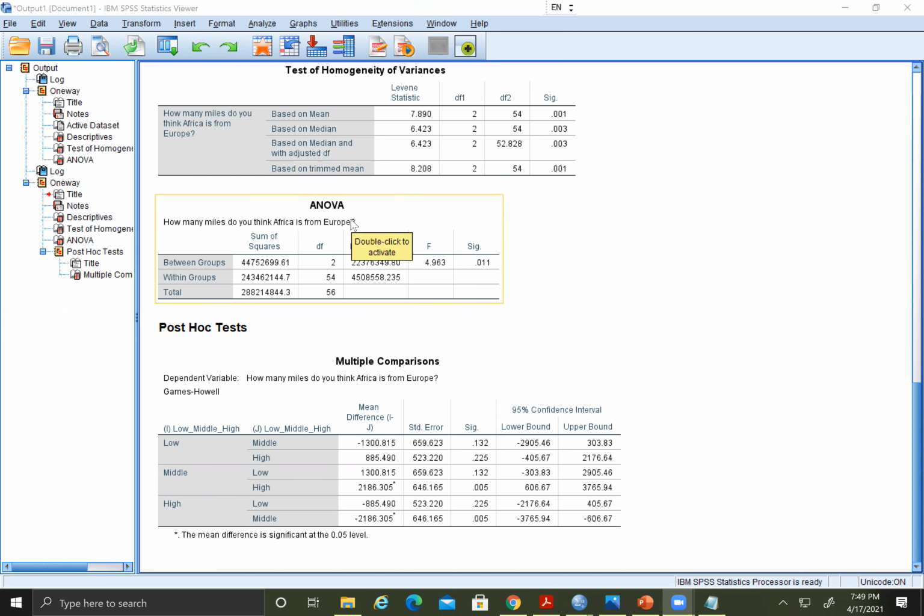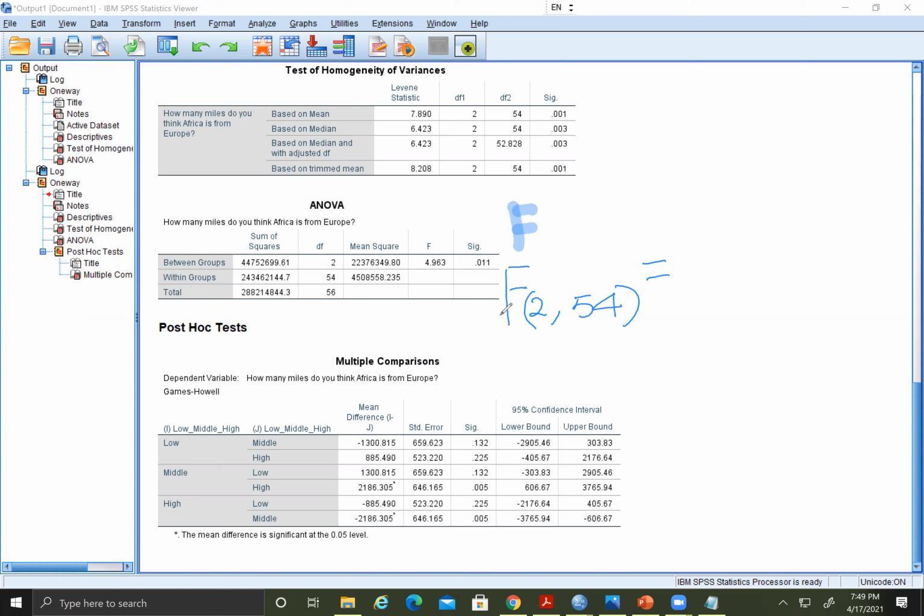After having this, we can go ahead and make a conclusion. From this ANOVA test, when we report the F value, we write this as F, and we include the first degrees of freedom as the first number, then a comma, the second degrees of freedom, the denominator degrees of freedom, 54 in this case.